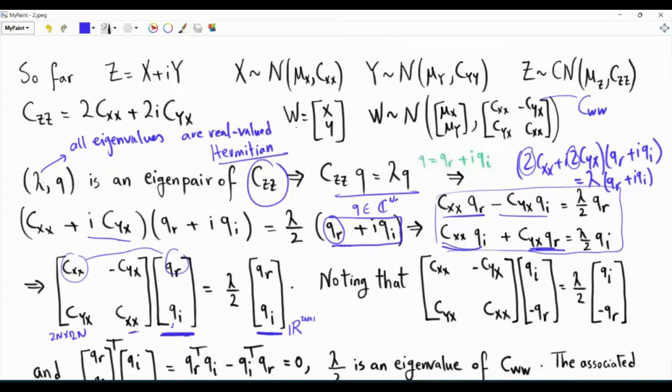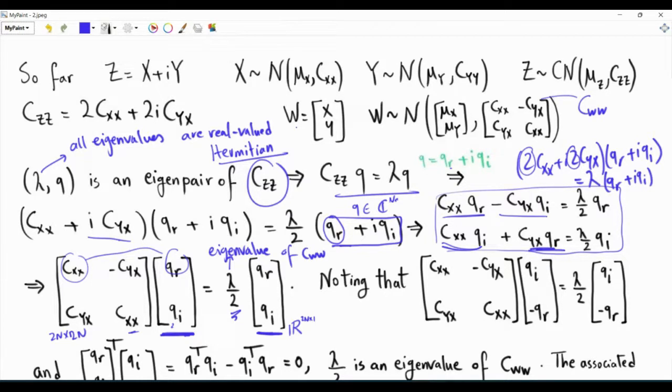Lambda is an eigenvalue, and the corresponding eigenvector is Q, which is QR plus i QI. Now we have CWW times this vector equal to lambda over 2 times the same vector. So lambda over 2 is an eigenvalue of CWW, and an associated eigenvector is constructed from Q by taking the real part as the first n components, followed by the n imaginary parts.